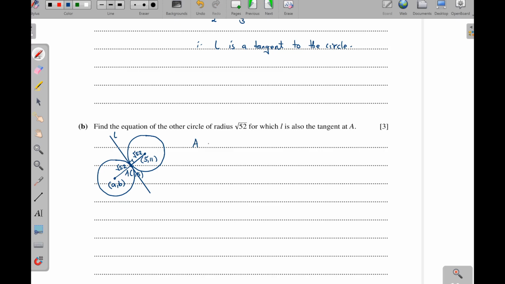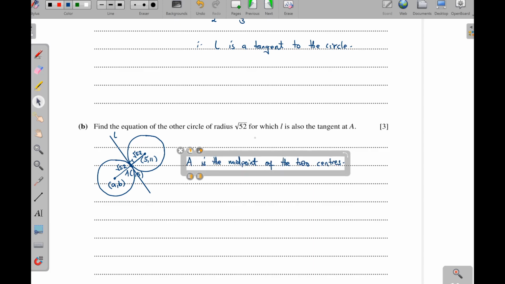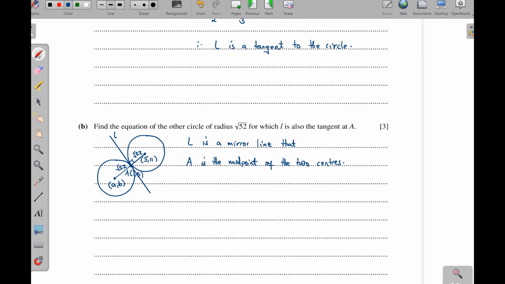And L is a mirror line that reflects the circle in it.